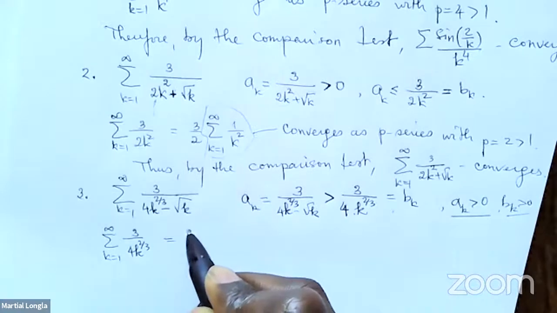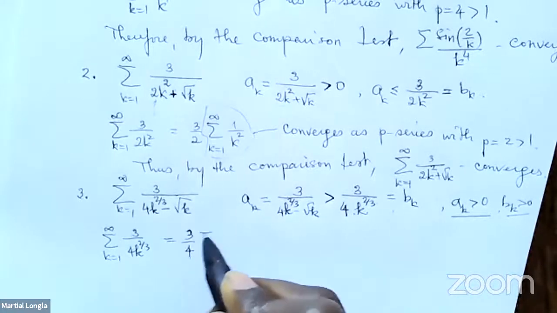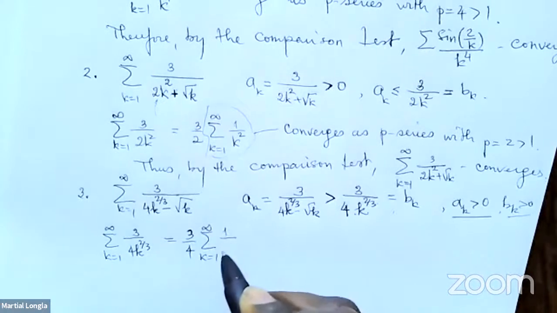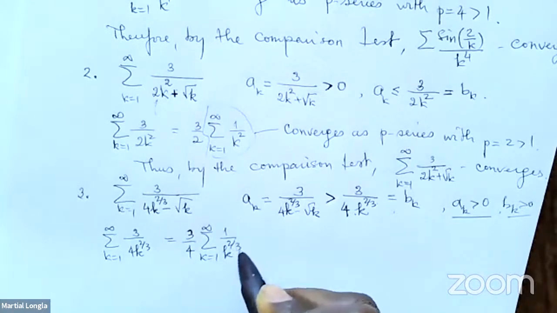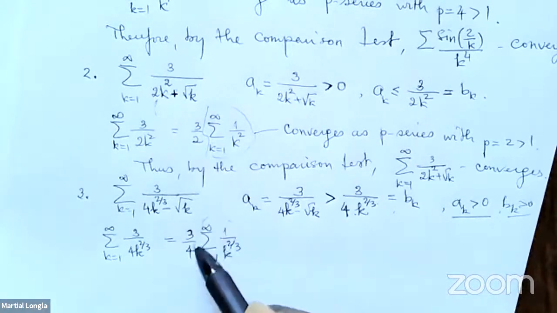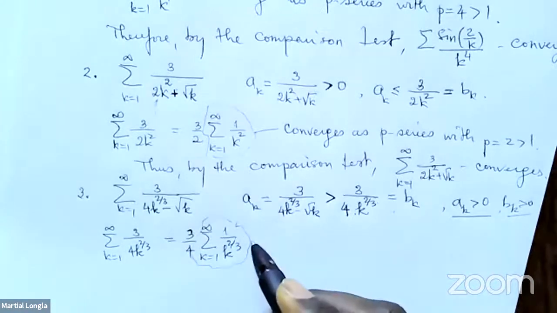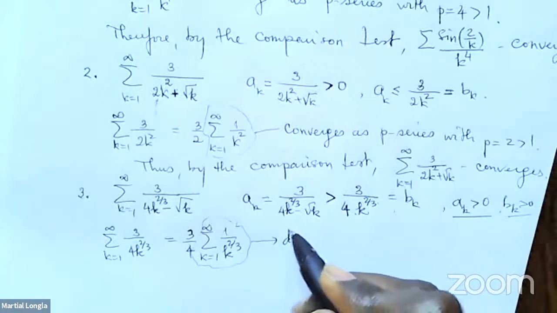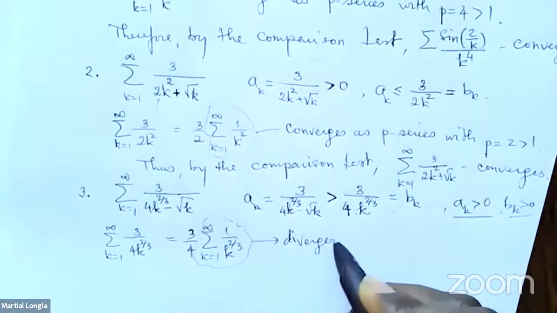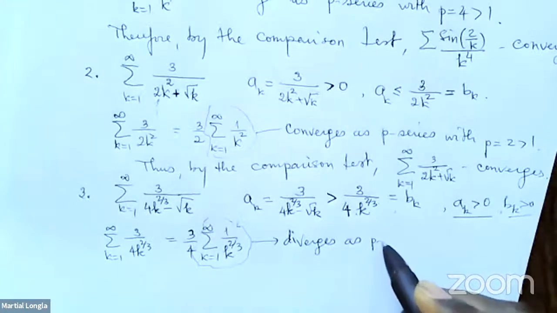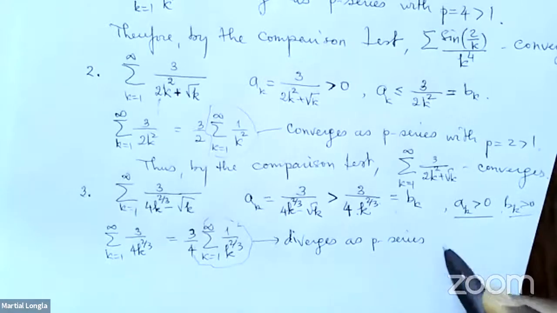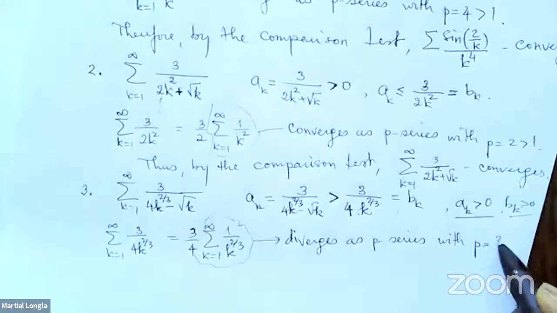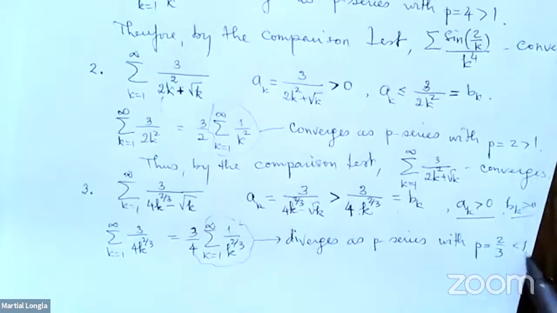That is 3/4 sum k from 1 to infinity, 1 over k to the 2/3. And this is a divergent P series with P equals 2/3, which is less than 1.